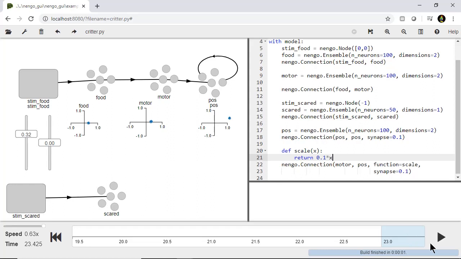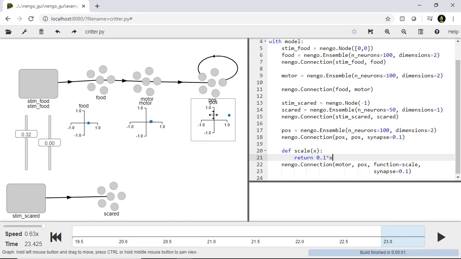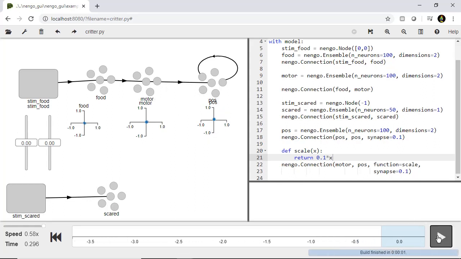So if I multiply it by 0.1, that means we're going to change how quickly we're changing our position. That should now take a second to go over there and come back. So if I go to the right, it goes to the right. If I go there, it goes to the left. If I go up, it goes up. If I go down, my position goes down.